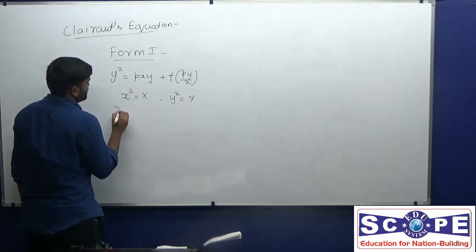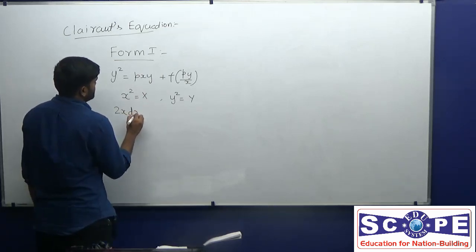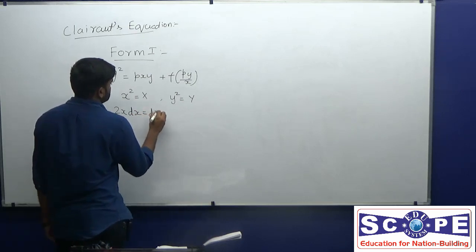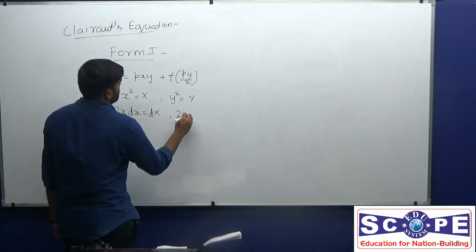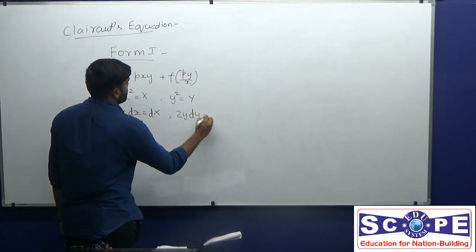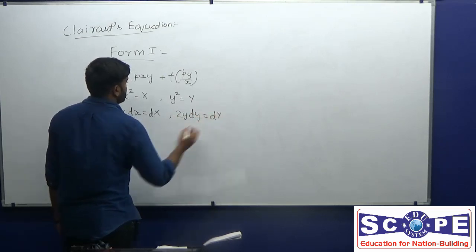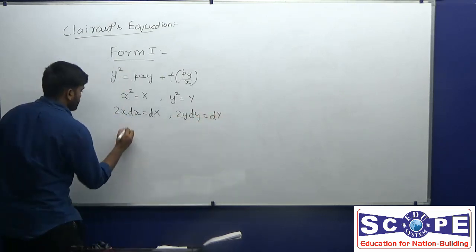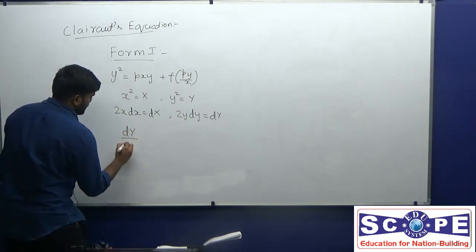So if you differentiate it, you will get 2x dx equals to dX, 2y dy equals to dY.